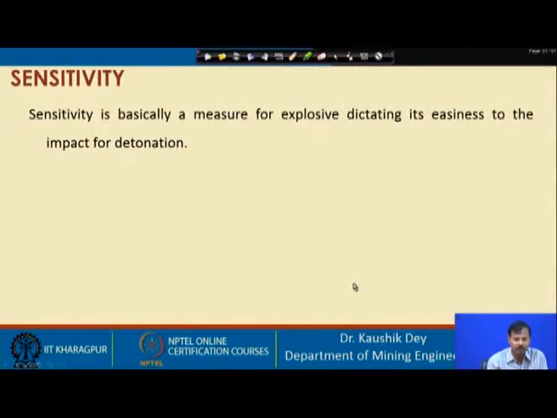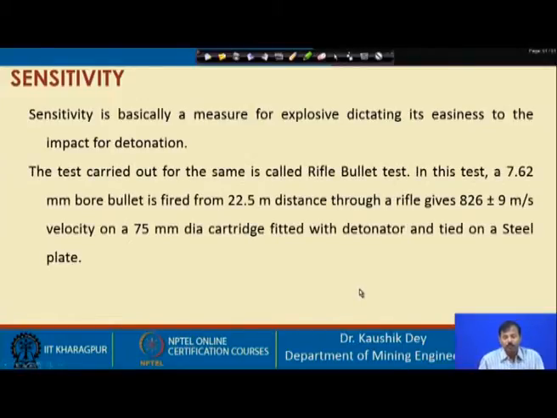And for that, we should see what possible test measures are available. So, sensitivity is basically a measure for the explosive, dictating its easiness to the impact for detonation. That means sensitivity gives us the measure of how sensitive the explosive is to a given shock, whether it is detonated with a small shock, or needs a very high shock for detonation, or needs some moderate shock for detonation.